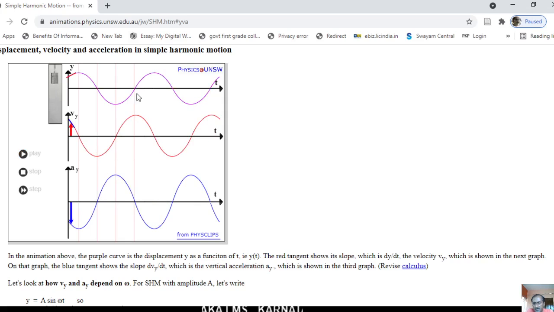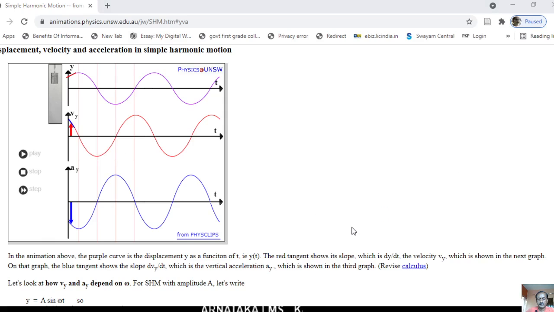The tangent drawn on the displacement curve represents the velocity. In the velocity graph, the tangent drawn on this sinusoidal curve represents the acceleration. This is about the situation here.